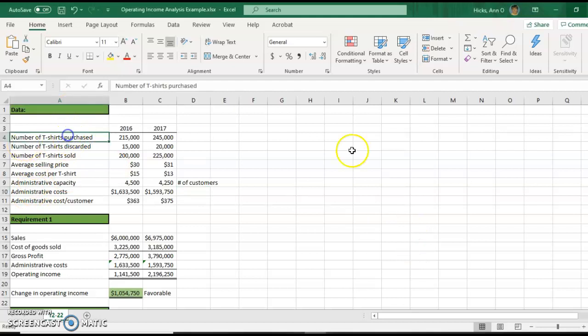What we've got here is Gianni and Sons. They don't produce, they purchase t-shirts and then use a trend-setting silkscreen design to enhance them and make them unique and then sell them to retailers.